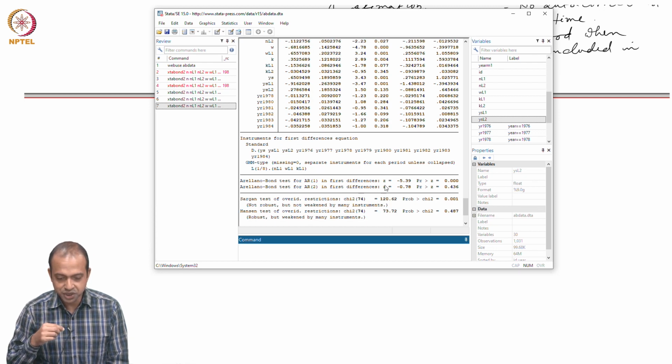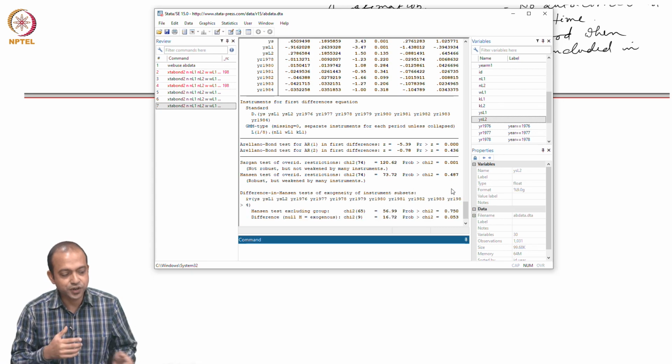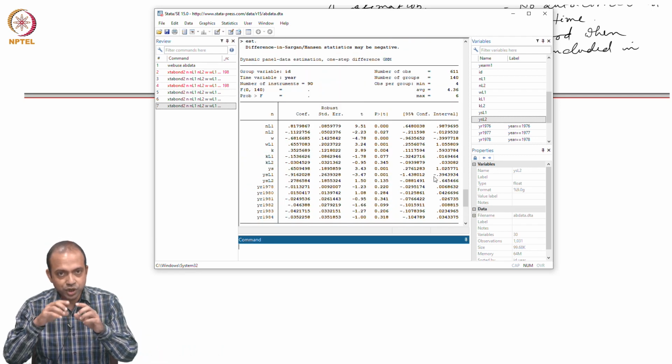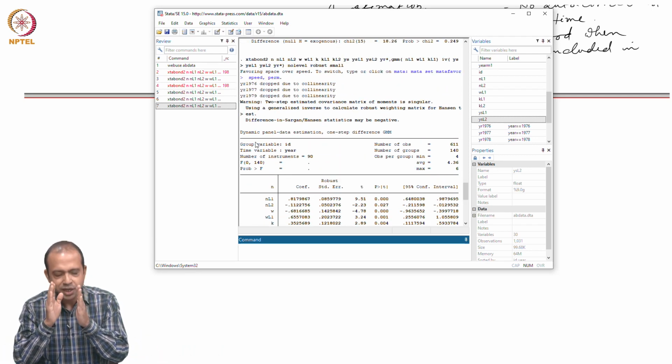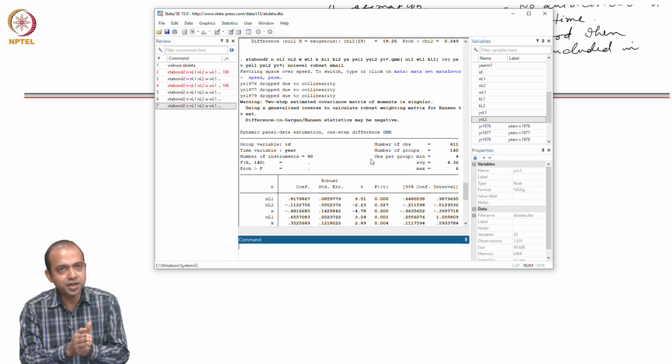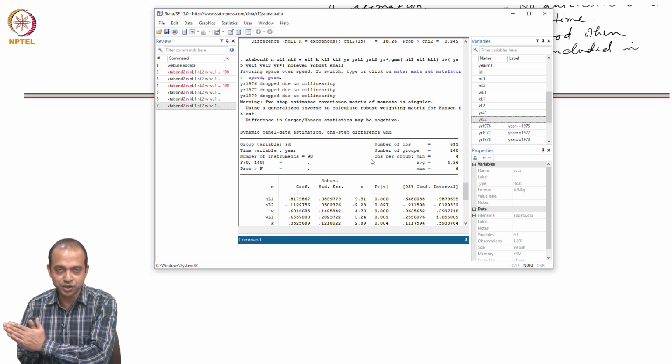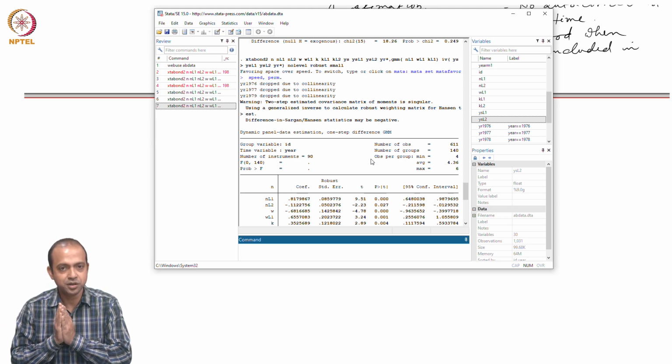That is why we said we need to check which specification works better. There is no clear cut rule. We have two objectives in mind: the estimate must lie within the interval, and the post estimation checkup of autocorrelation and over identifying restrictions should be satisfied. That is achieved over here.